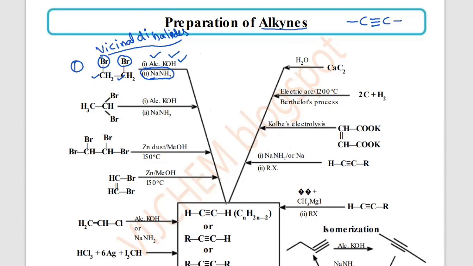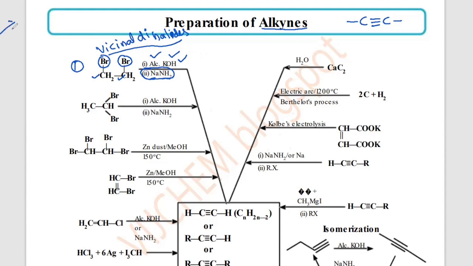Okay. So for example, let us take this is the place where adjacent halogens are there. Let us take here, this is one bromine, this is another bromine. Obviously, this place hydrogen, this place hydrogen.